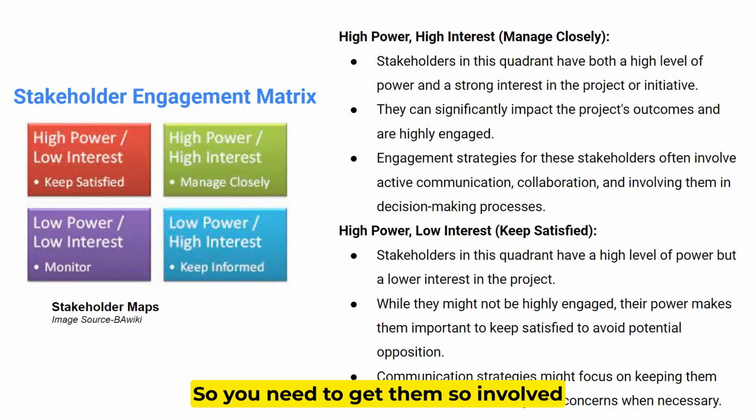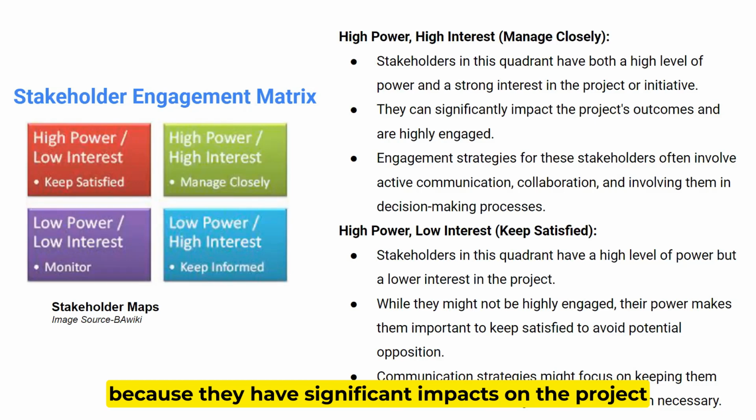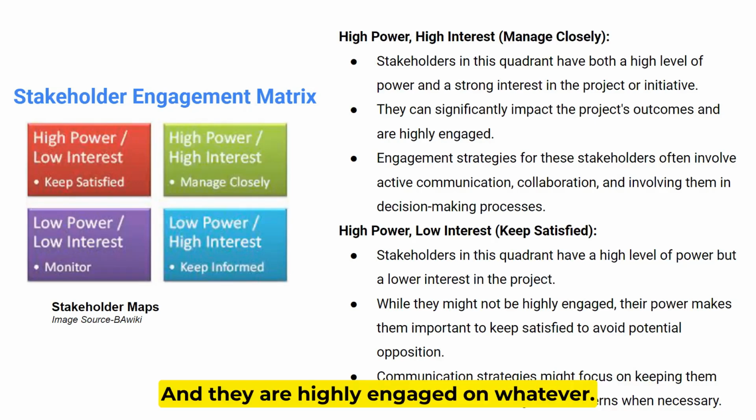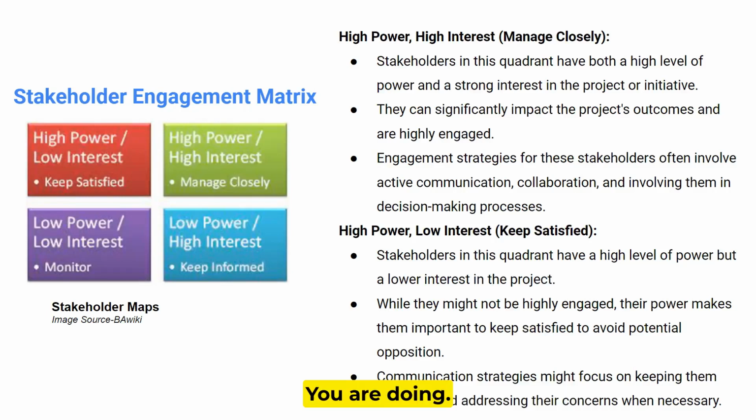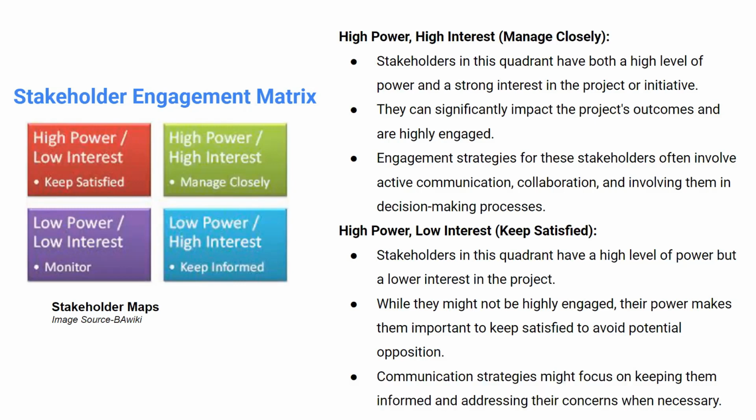So you need to get them so involved because they have significant impact on the project outcomes and they are highly engaged on whatever you are doing, on whatever your community engagement effort is.